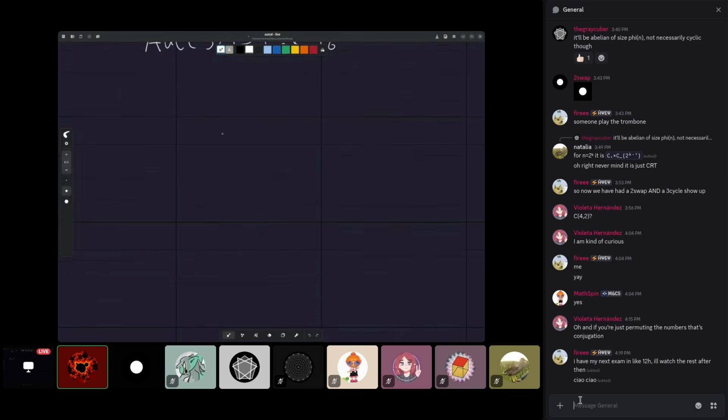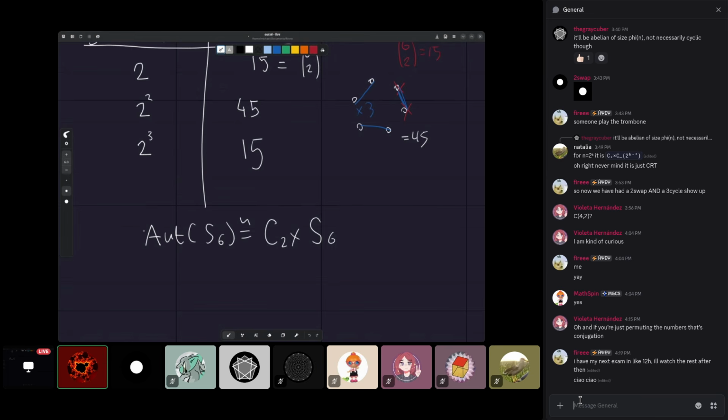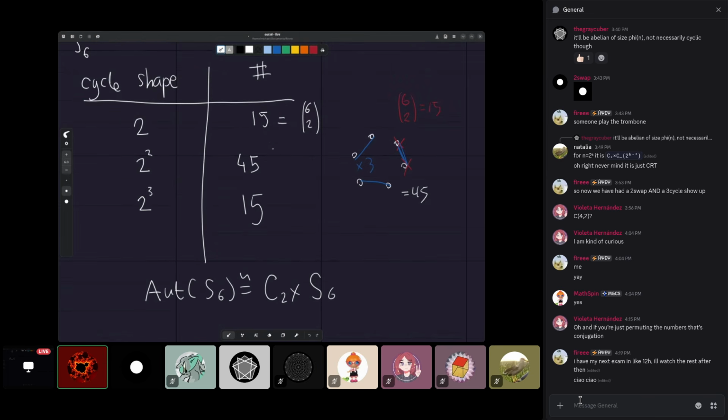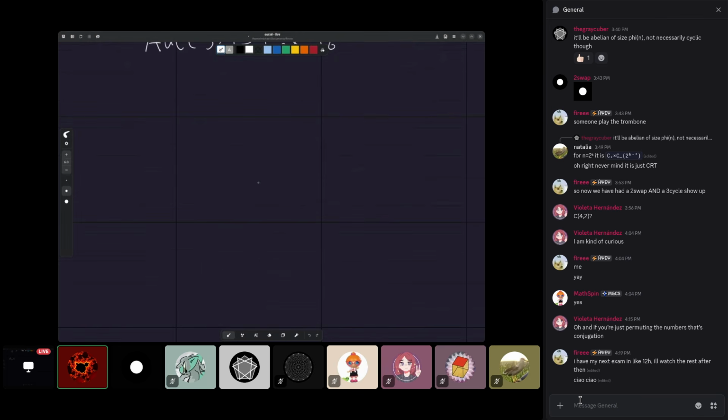So let's do that. How are you going to construct something that does this? A sort of weird automorphism of S6. I'll outline the idea.